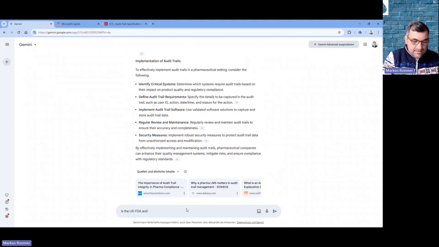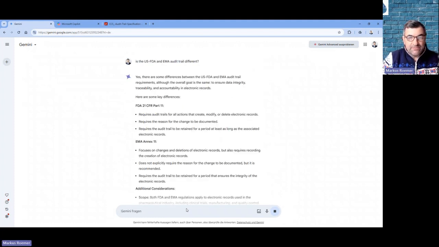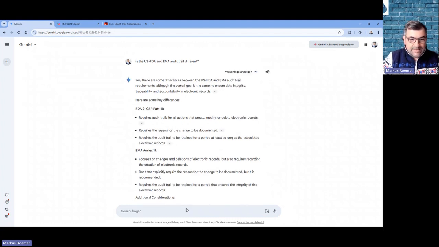Also, is the US-FDA and EMA audit trail different? Let's see what Gemini is saying. Yes, there are some differences. Part 11 requires it for all actions. Annex 11 focuses on changes and deletion of electronic records. That's cool.